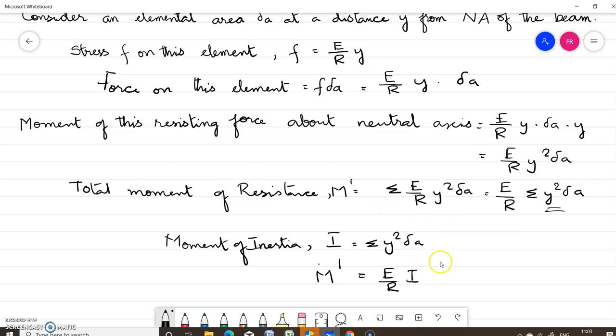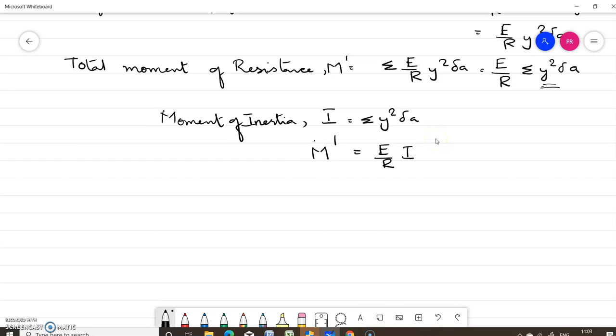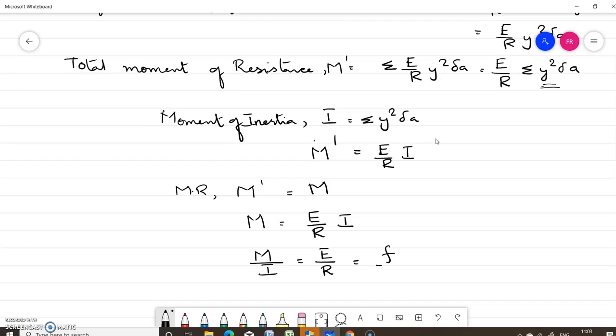Now for equilibrium, this moment of resistance M dash should be equal to the applied moment M. So we can write M is equal to E by R into I, or M by I equal to E by R. Now we have already derived E by R equal to F by Y. So this is equal to F by Y. This is known as the bending equation.